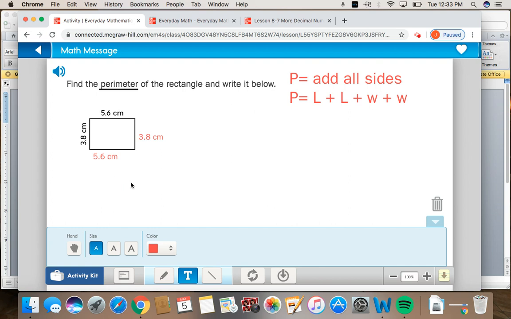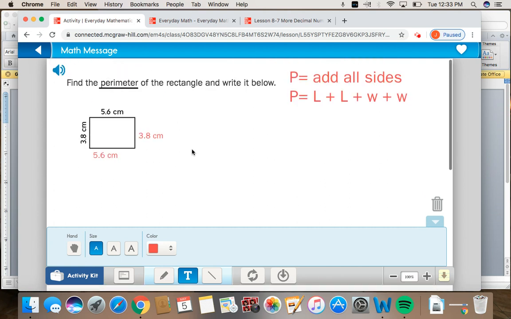So now that I have all four of my sides, I'm going to add up all my sides, and I'm going to do it two different ways. The first way I'm going to do it is by leaving everything as decimals. And I'm going to make sure that I line up my decimal points.